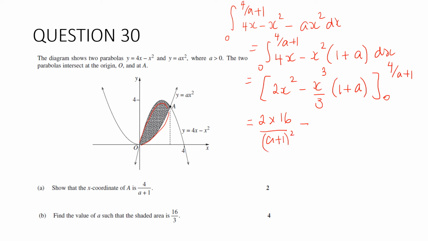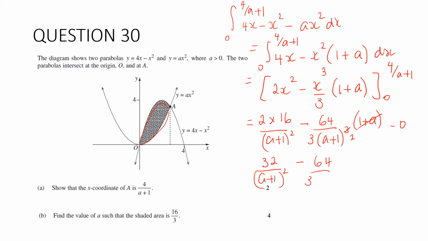Take away 4 cubed is 64 on, we've got a 3 there, a plus 1 cubed multiplied by 1 plus a, take away 0, etc. That cancels with one of those. So we've got 32 on a plus 1 all squared, take away 64 on 3 a plus 1 squared, and that has to be equal to 16 on 3.